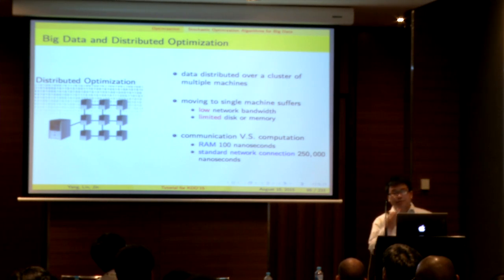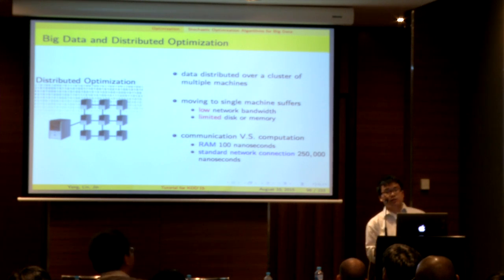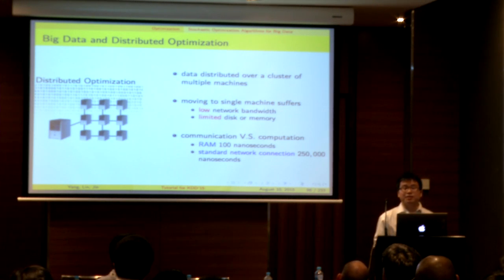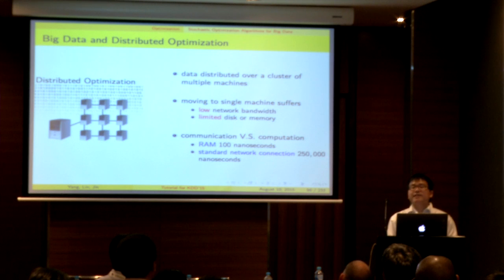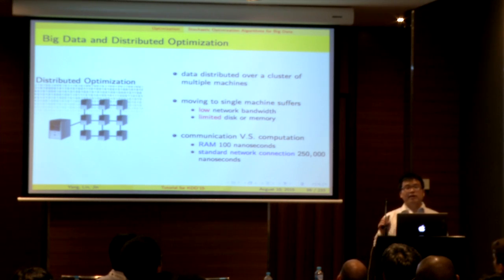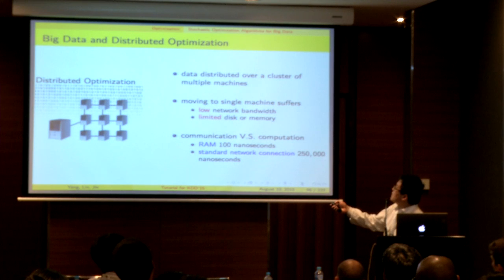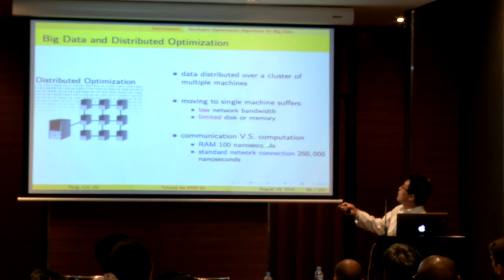What we consider in the distributed setting is that if your data is too large to store in the memory of a single machine, you would like to use multiple machines to do the optimization. But here, we face another challenge. First of all, we have a low network bandwidth, such that communication is really time-consuming compared to everything in the single machine case.